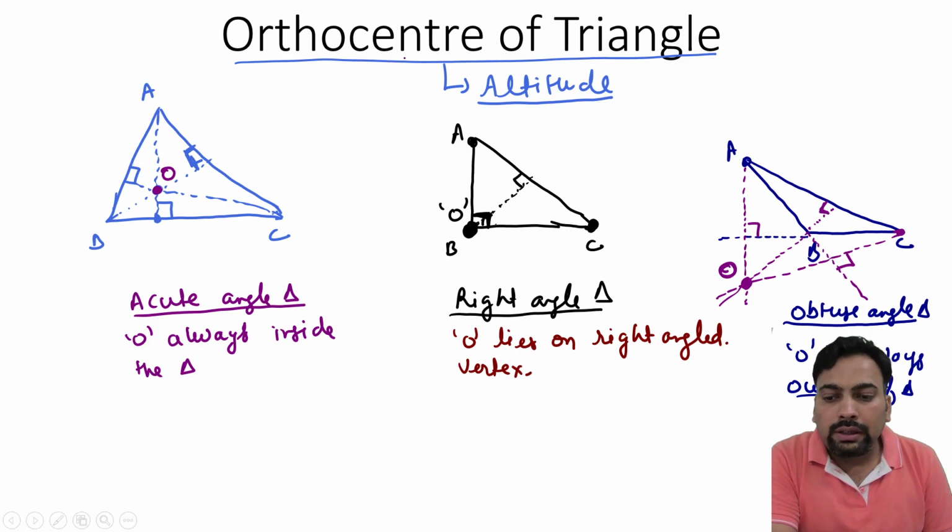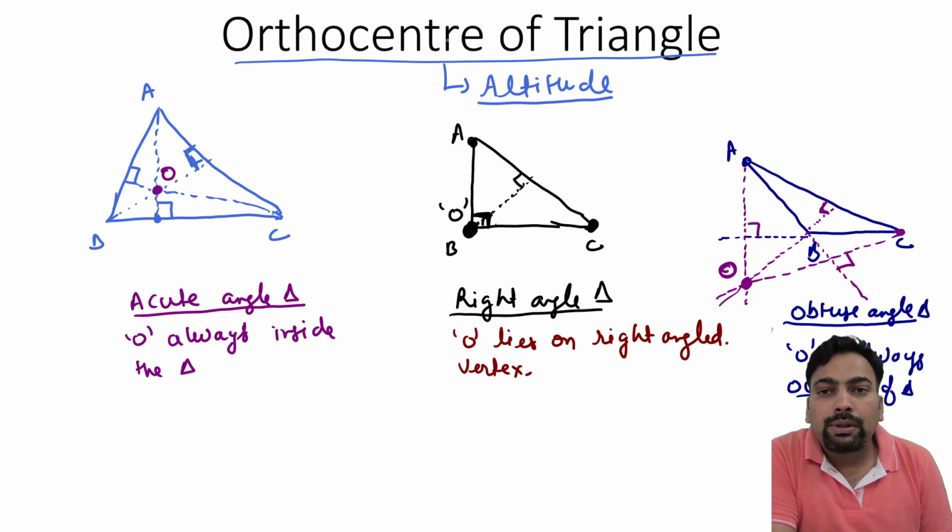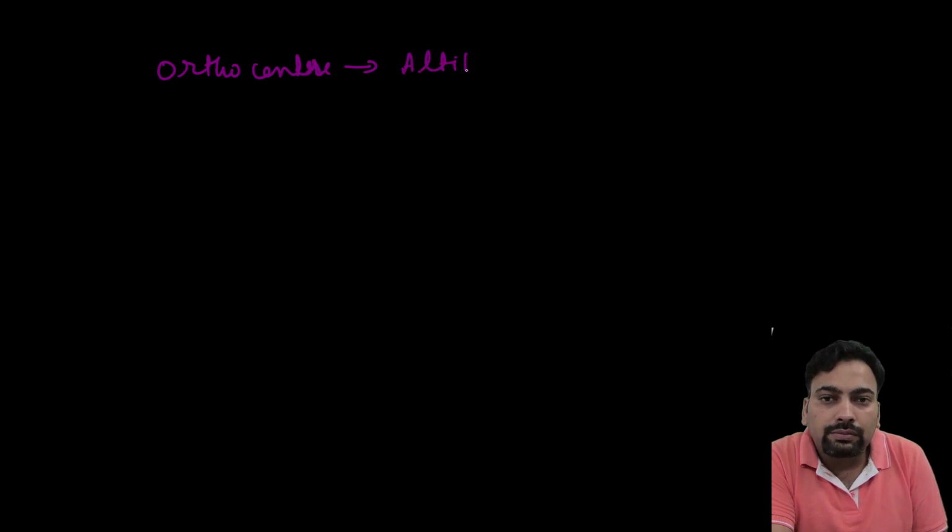So what you have to remember? First, orthocenter means your altitude. Centroid means your median.